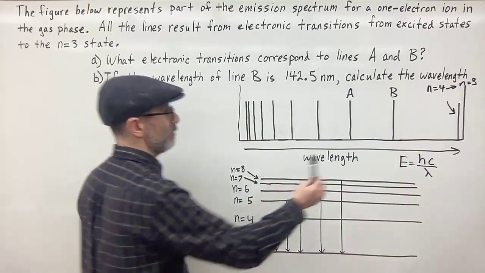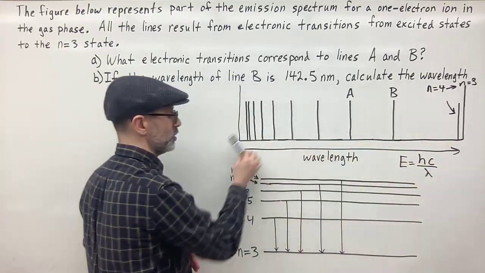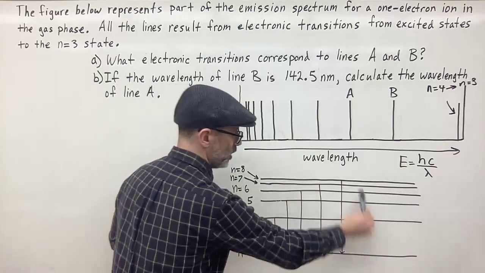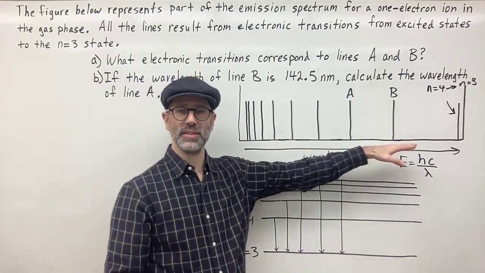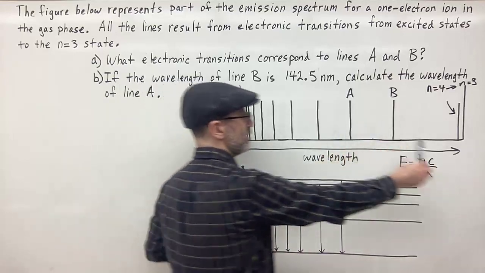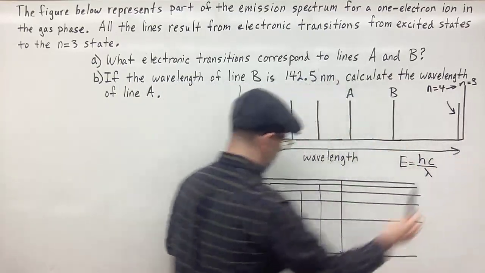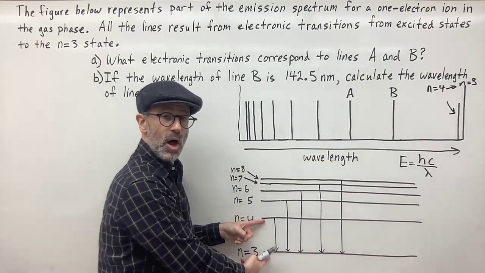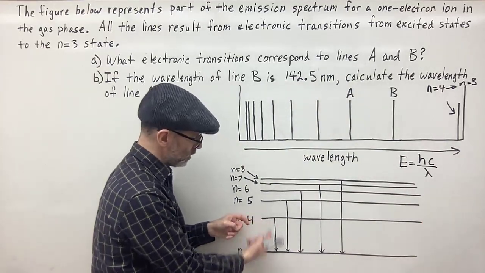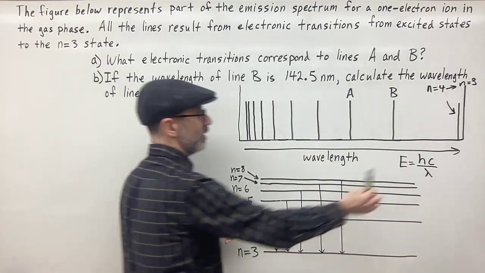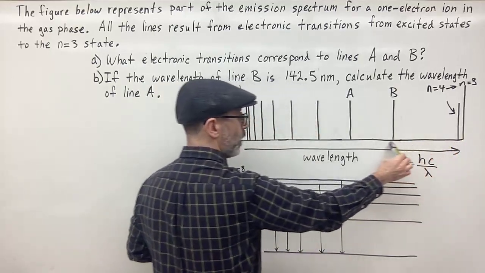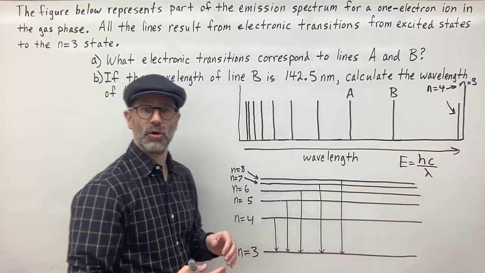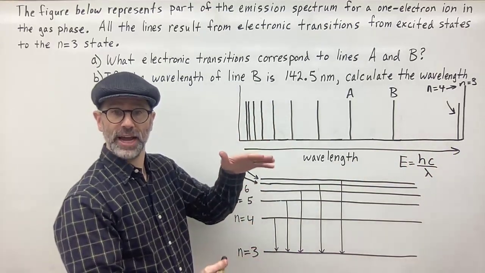Well, if these bands in the emission spectrum correspond to these transitions, and I know that wavelength increases this way, and this is the longest wavelength, which corresponds to the smallest difference in energy, then moving this way, if we're getting shorter and shorter wavelengths, that's going to correspond to larger and larger gaps.